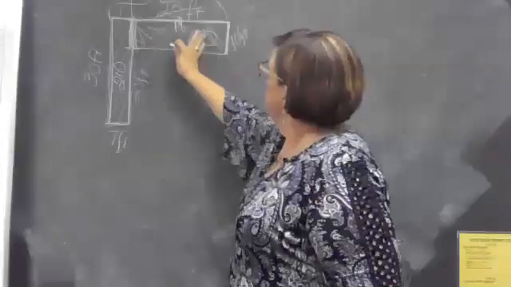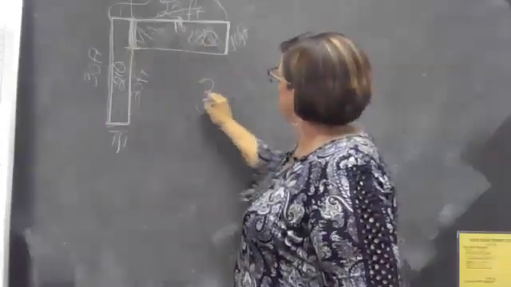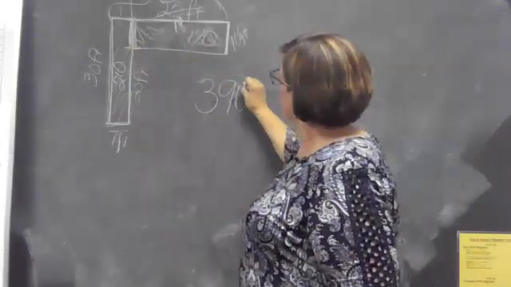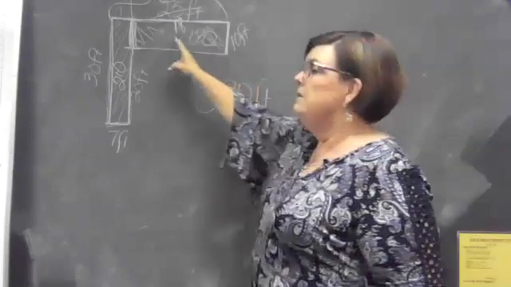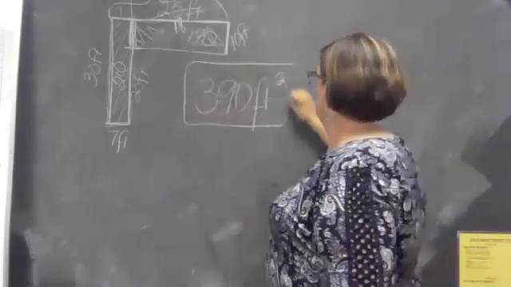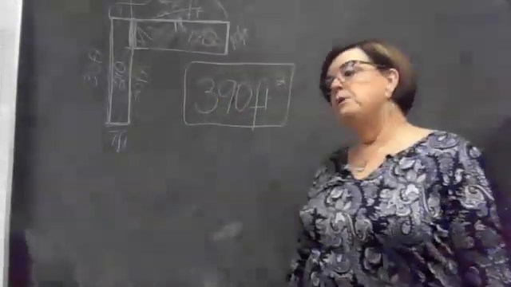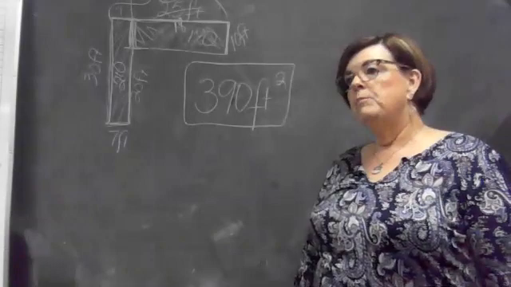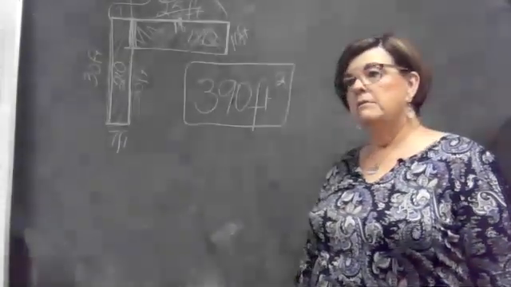We're going to take all of this area and add it to this area, and we have 390 total feet, and we were finding area, so it's squared. Y'all see how that works? You just break your picture up into rectangles, be careful of the measurements, and then add the areas together.